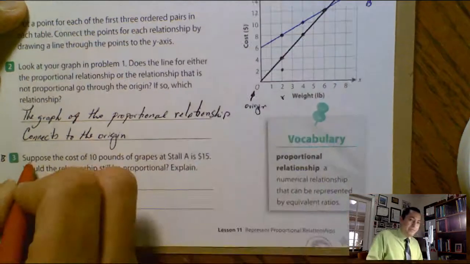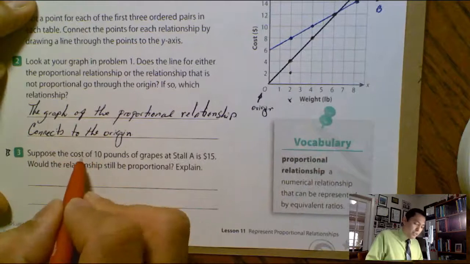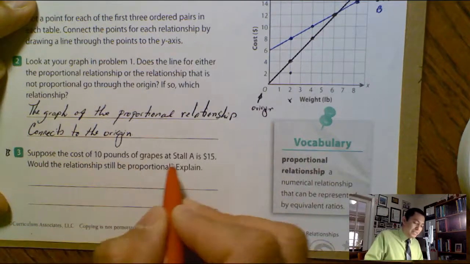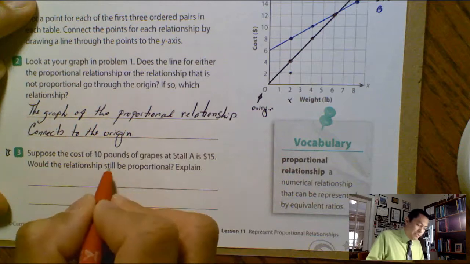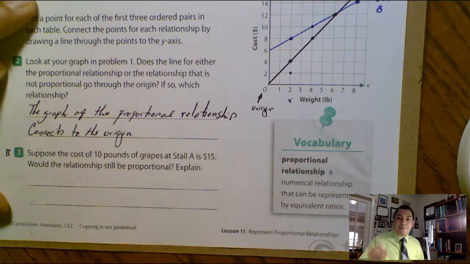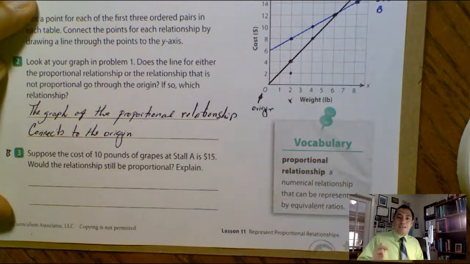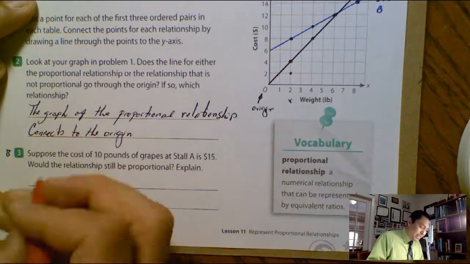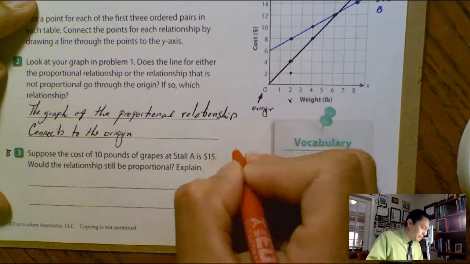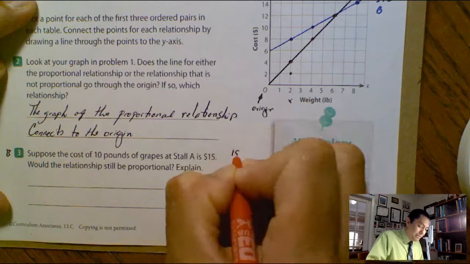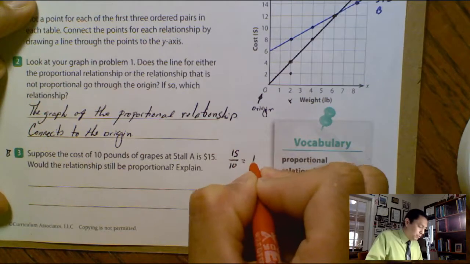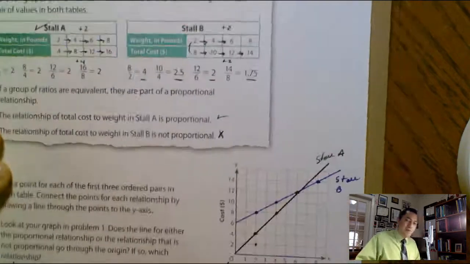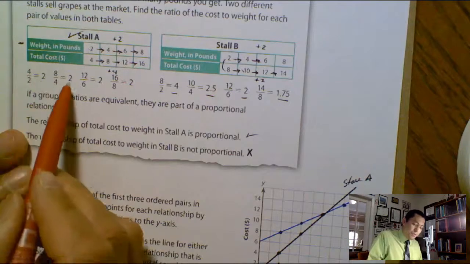And then problem number 3, suppose the cost of 10 pounds of grapes in stall A is $15. Will the relationship still be proportional? Explain. Remember that to find the proportional relationship is a division. So in this case, for example, I'm going to do $15 to 10 pounds equals 1.5. And remember, what was the proportional relationship? 2.